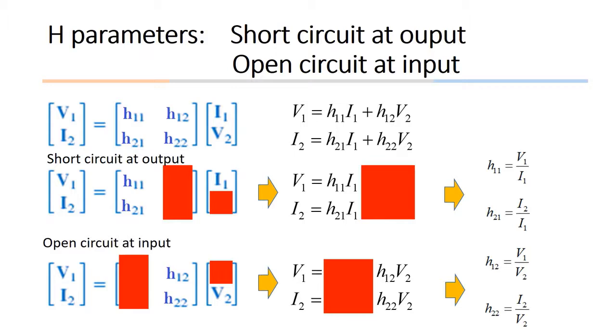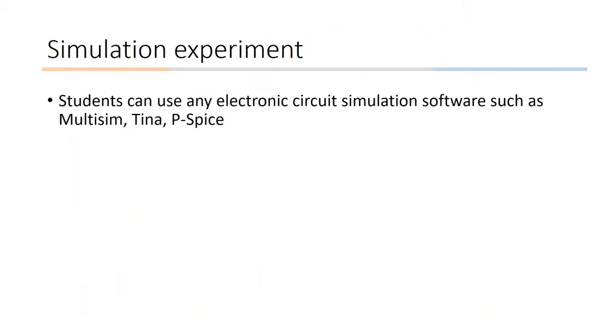So those are the basic concepts from your circuit theory chapter 19. Okay, for this experiment simulation, you can use any electronic circuit simulation software such as Multisim, Tina, PSpice, or whatever software that you are comfortable with.